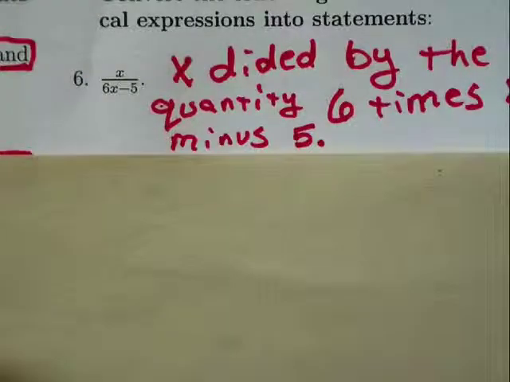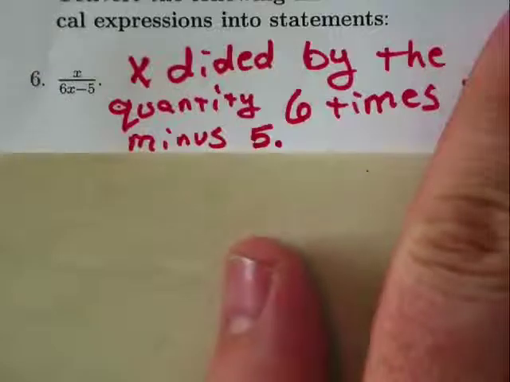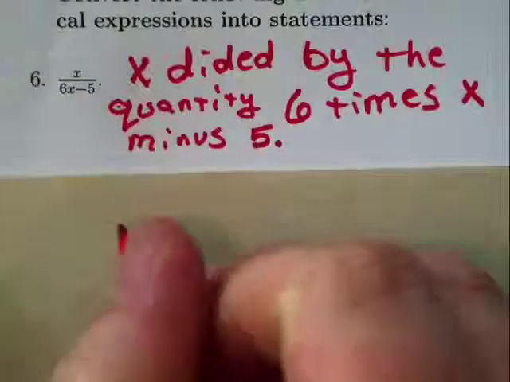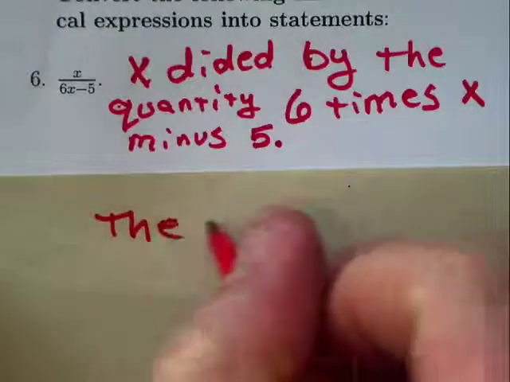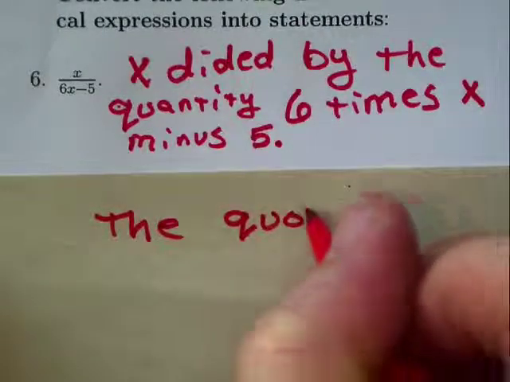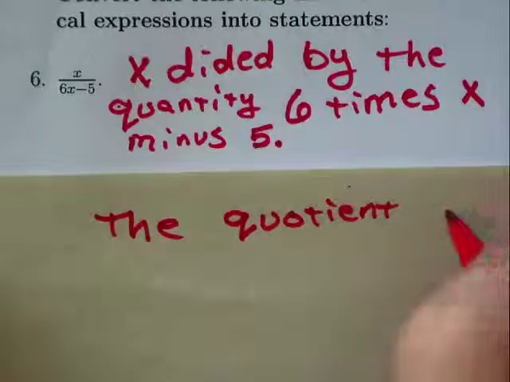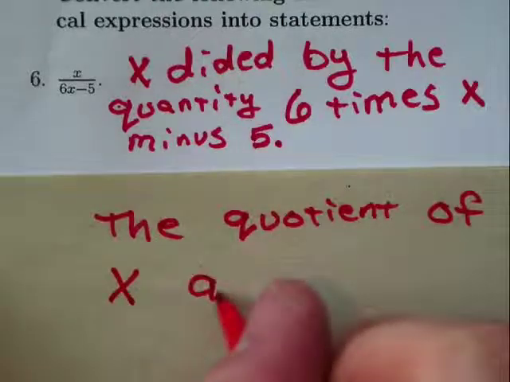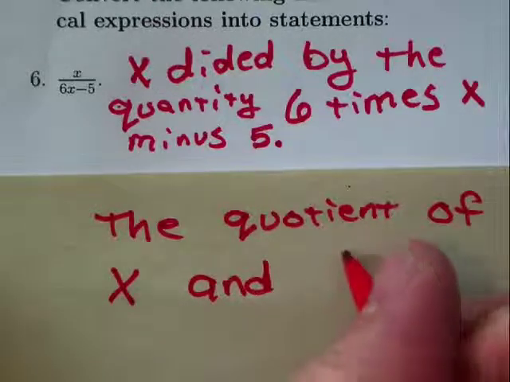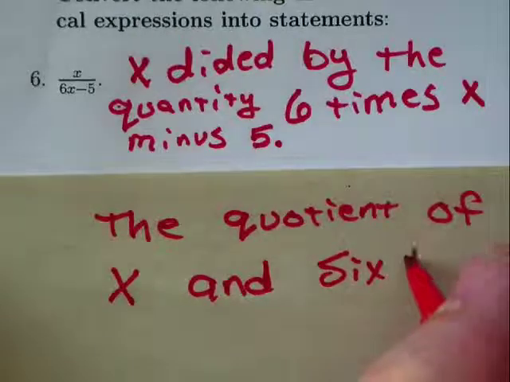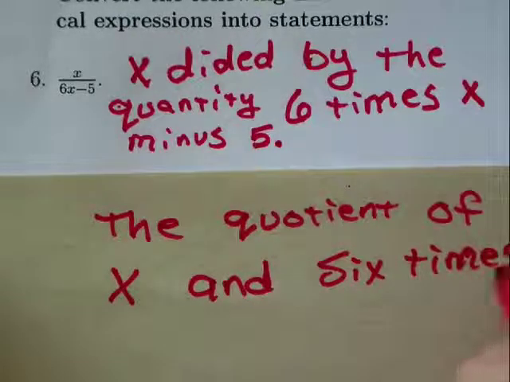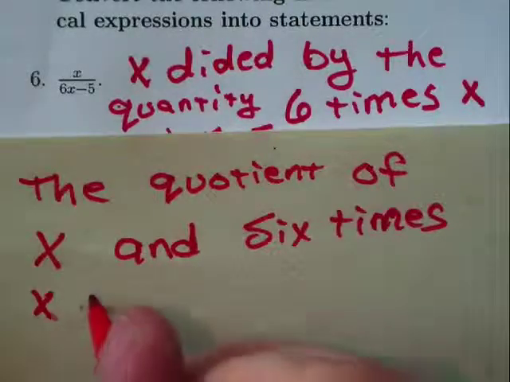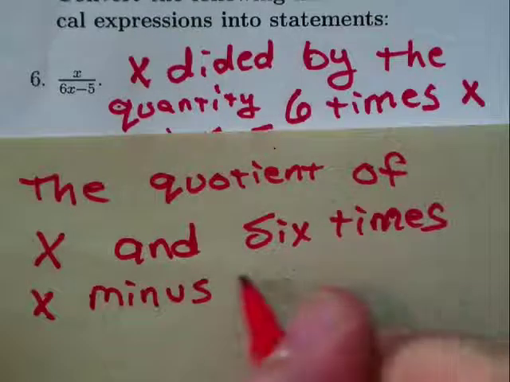Another way I could write that is the quotient of x and 6 times x minus 5.